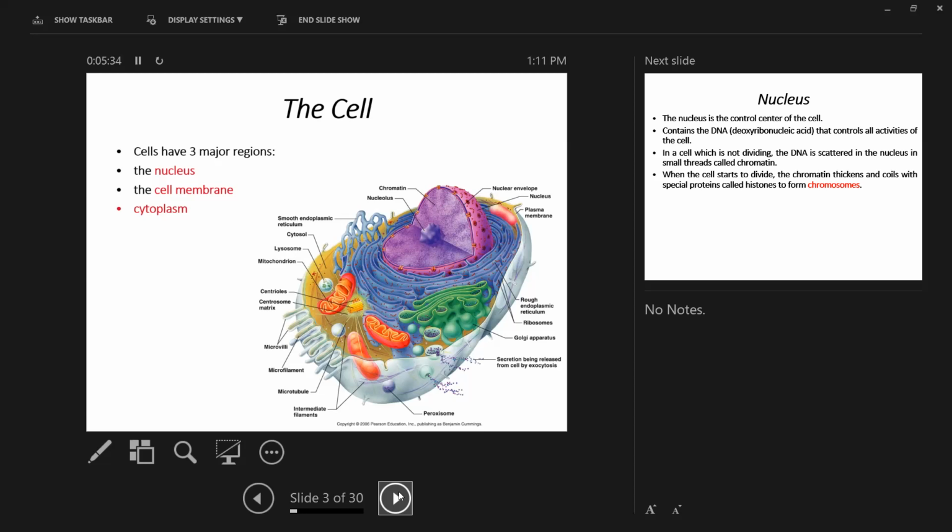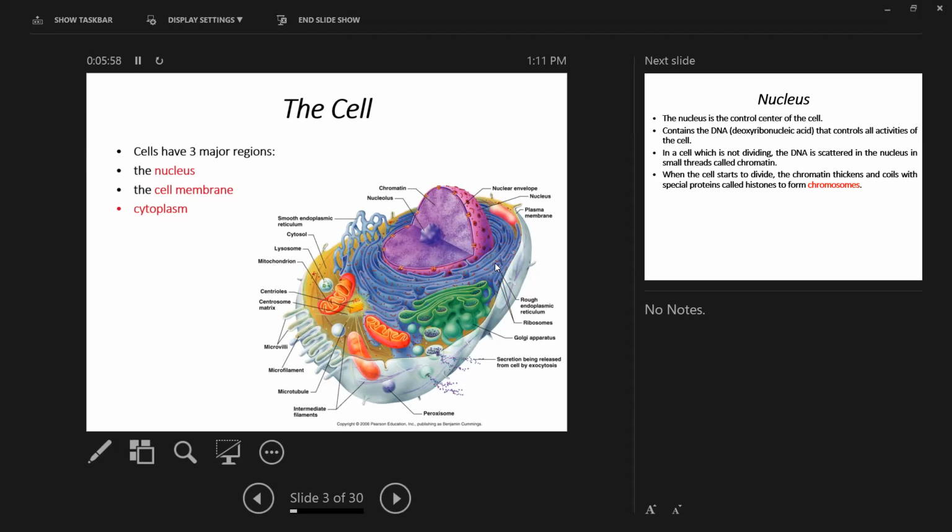Anyway, this is a typical cell. We see the cytoplasm is the contents in here, these various organelles. This green structure is called the Golgi Apparatus. That's where we package up proteins that we've made. The proteins get made in these blue tubes here called the endoplasmic reticulum.